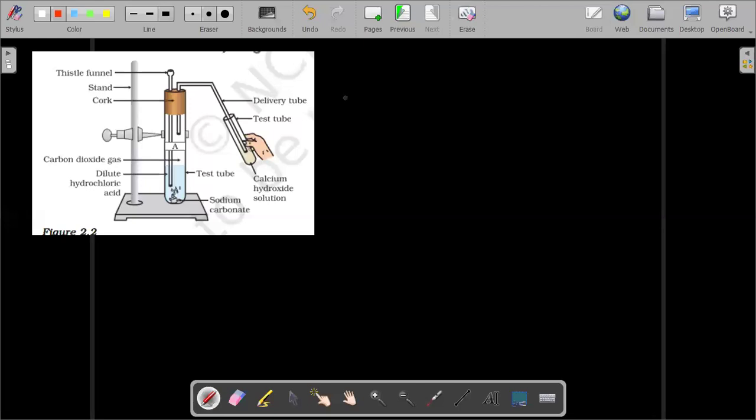No, it's not NaCO3. Check it again. It is sodium carbonate, so it is Na2CO3. The formula of sodium carbonate is Na2CO3. Then what is added here? HCl, hydrochloric acid.